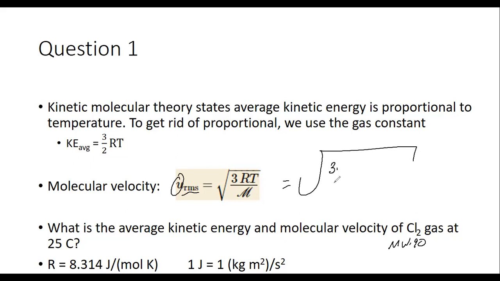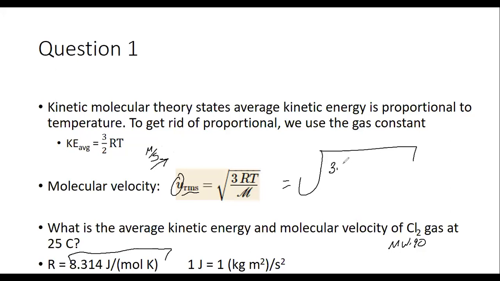For molecular velocity, you need to use the gas constant that's in joules per mole K. The reason is that our unit is going to be meters per second, because that's the velocity, right? And the only way to get meters per second is to be in joules.